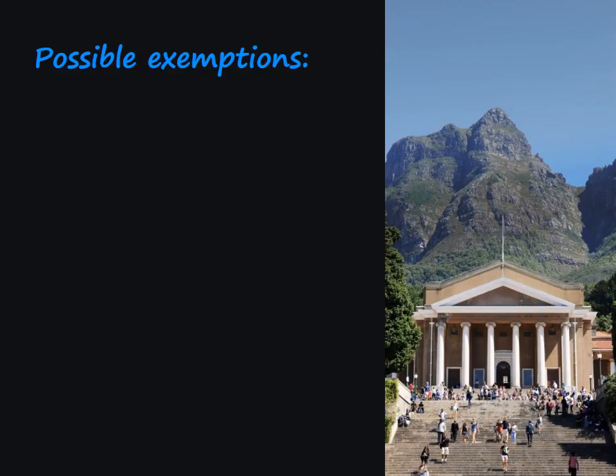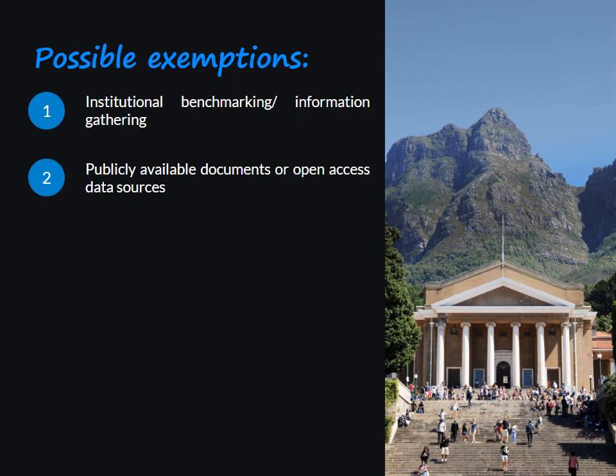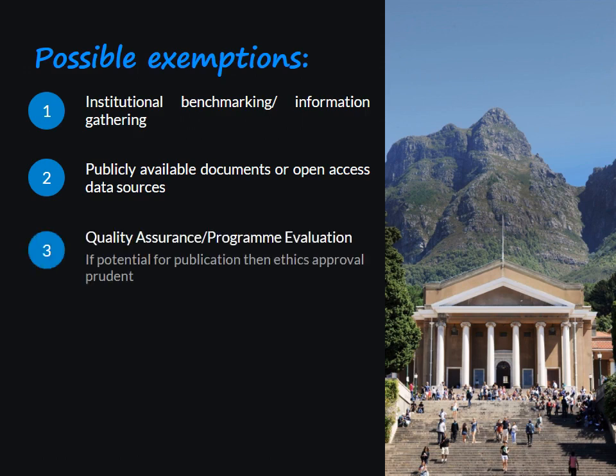The following types of research activities may be exempt from UCT ethics review and approval: institutional benchmarking and information gathering, research using publicly available documents or open access data sources, quality assurance and program evaluation activities. However, if there is any potential for these activities to be published, it is prudent to obtain ethics approval before the study begins, or to confirm that the research qualifies as exempted.